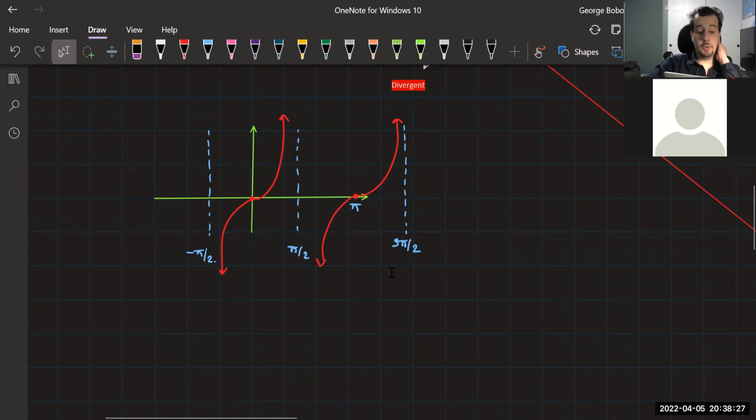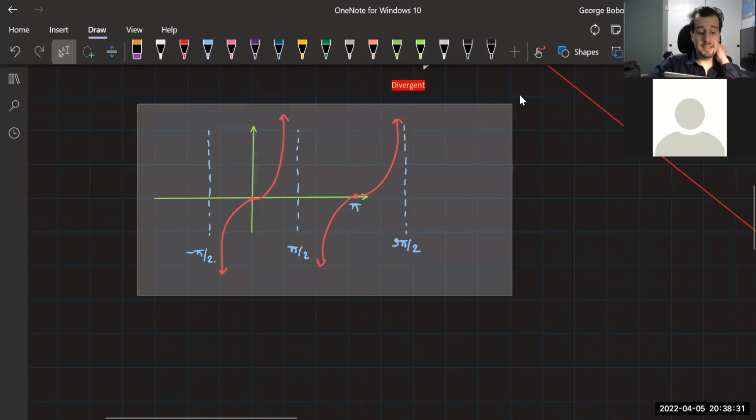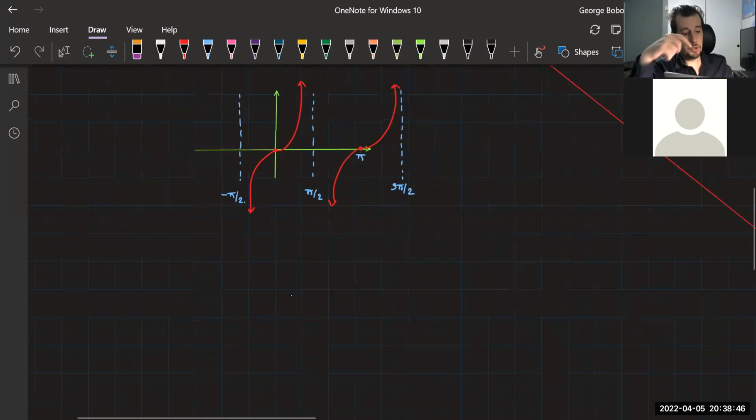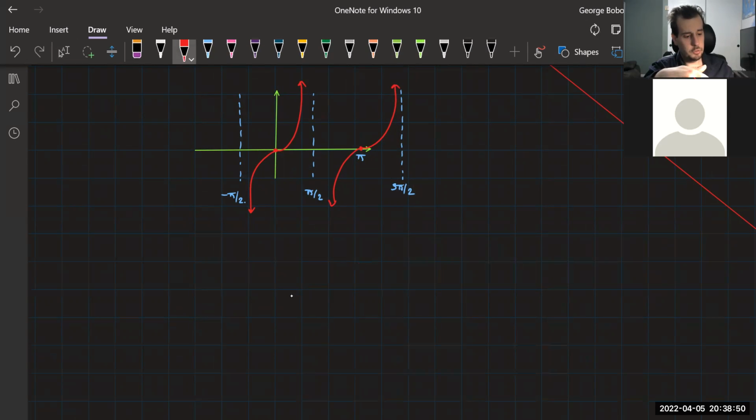Now, if we want to define tan inverse, we can't pick the entire function because it will fail the vertical line test. So we only got to pick something that doesn't repeat here. Because if you invert this right now, you're going to get something like this. Hold on.